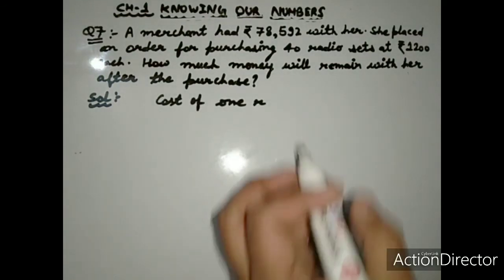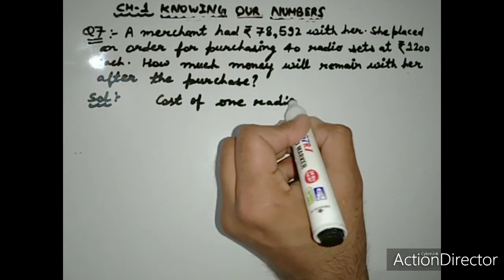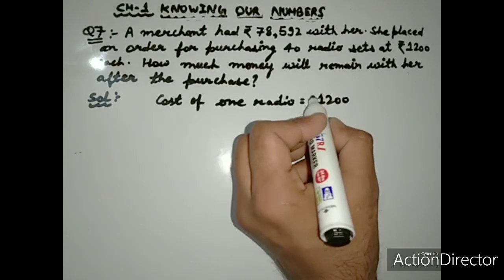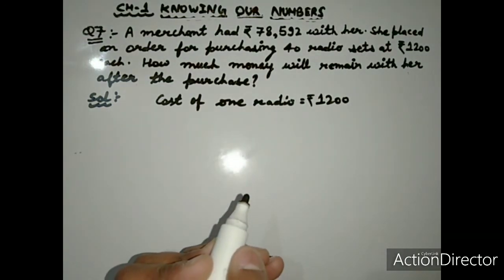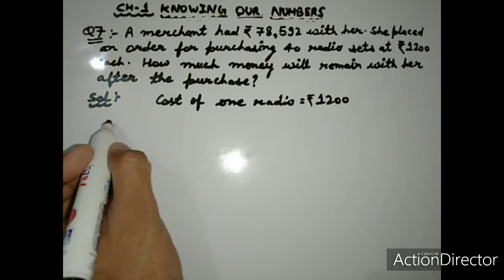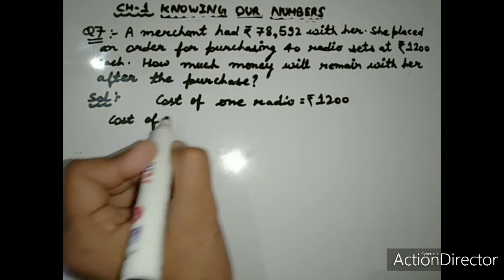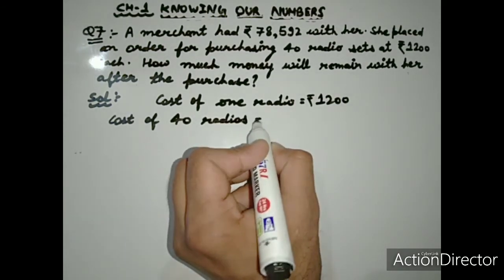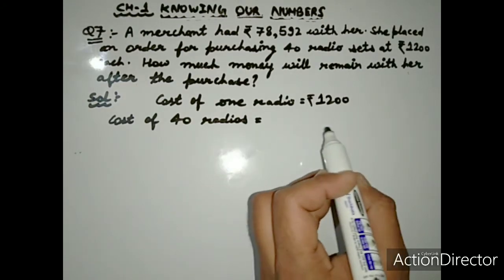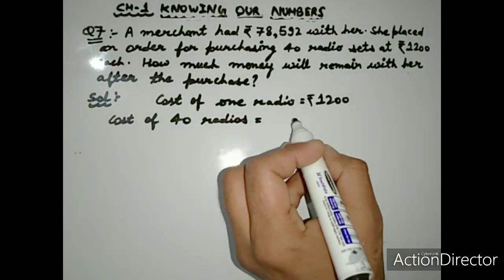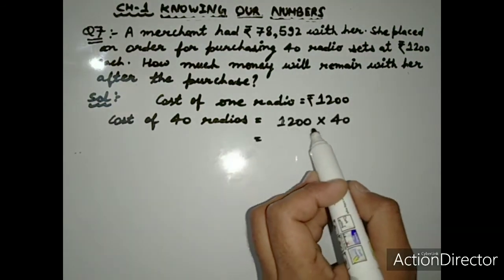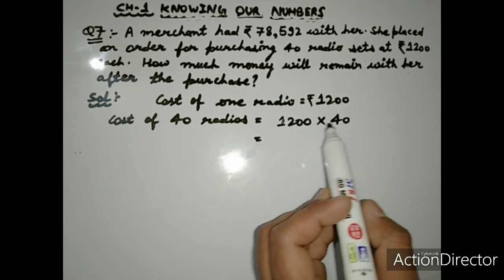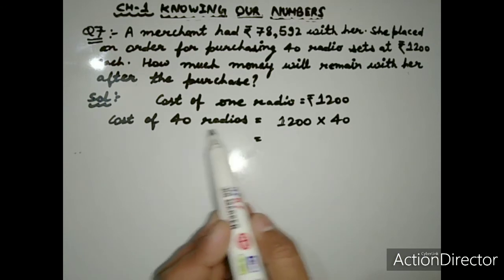So here we write cost of one radio is equal to 1200 rupees. Now we find the cost of 40 radios. So the cost of 40 radios is equal to, we multiply 1200 by 40, the cost of one radio and the total radios.